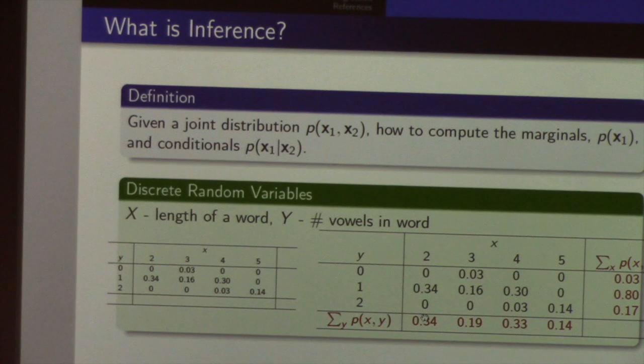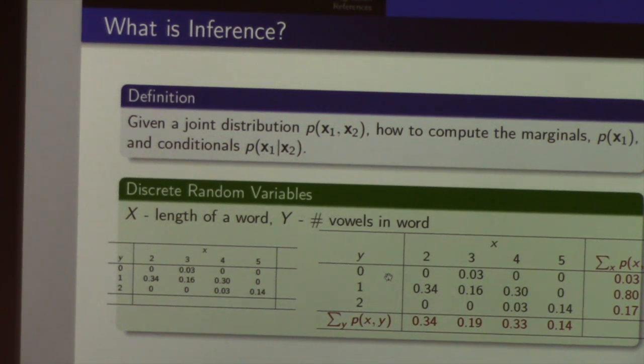Now x can take 4 values, 2, 3, 4, 5, so this distribution is the marginal. If you want to find a conditional, for example the probability of x given y is 0, then you just choose this row. That is the distribution of x given y is 0. So that is the difference between marginals and conditionals.